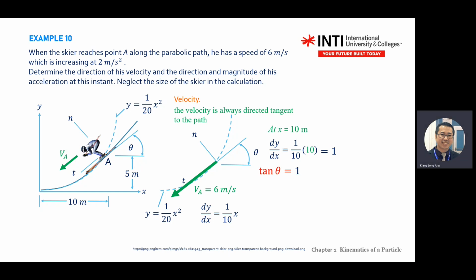What is the gradient if you find a straight line? I'm writing something on the white screen, for those watching online. On this point, how to find the gradient? This is y equal to mx plus c. How to find your m?